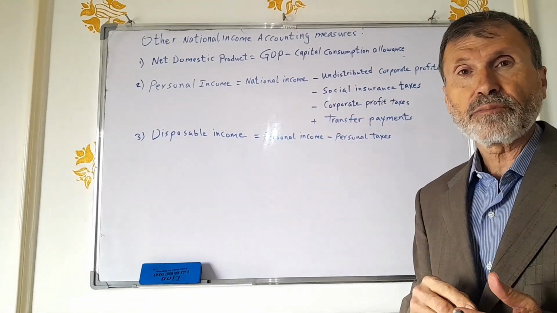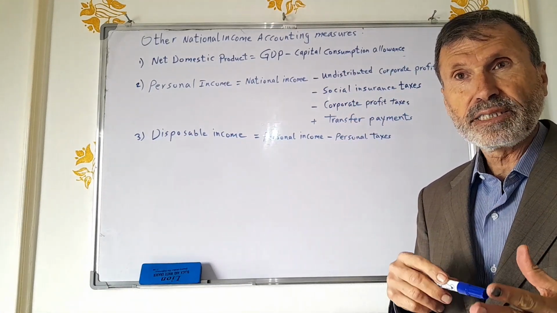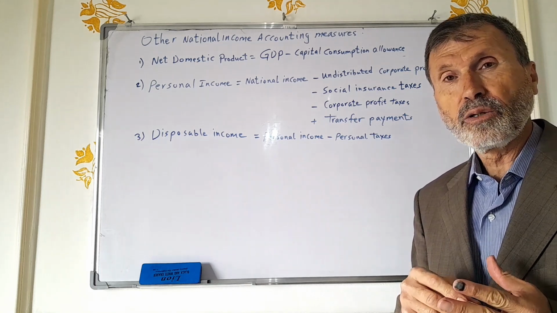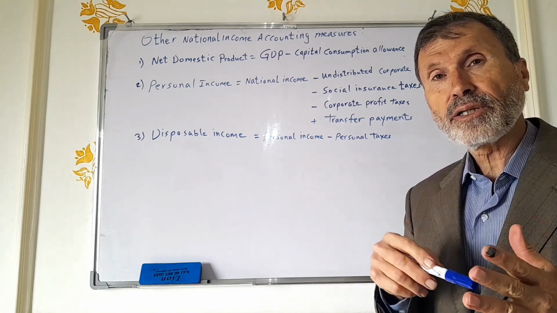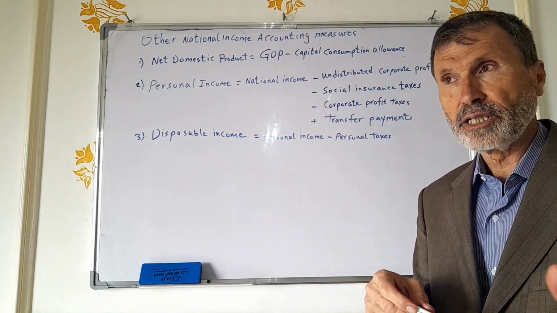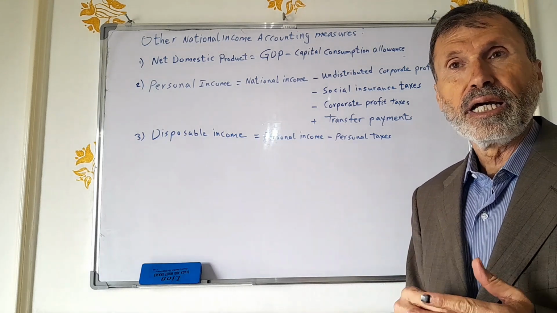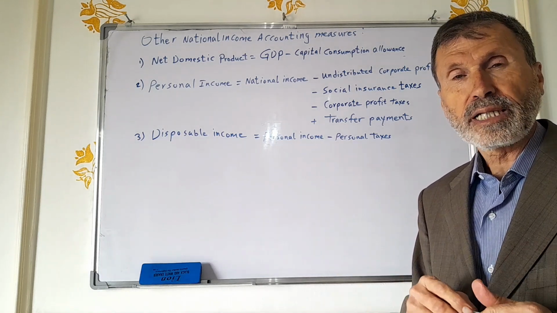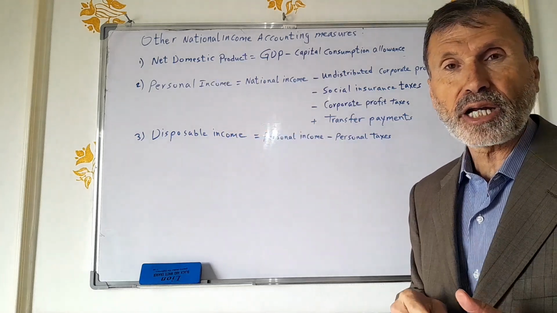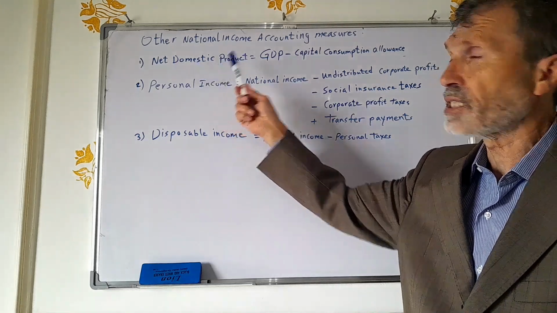And capital consumption allowance, as we define it, is the cost to replace those worn out capital goods that have undergone wear and accidental destruction. So after taking away these worn out capital goods, we come up with the value of the new goods available in the economy, and this is called net domestic product.